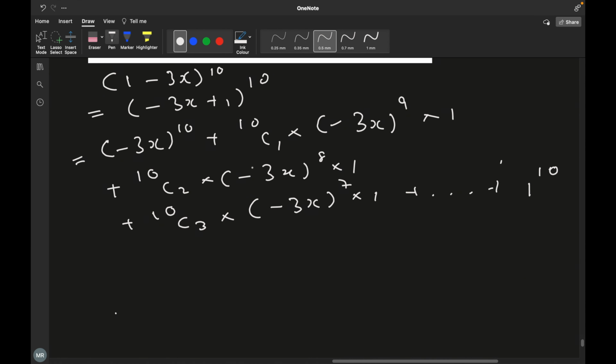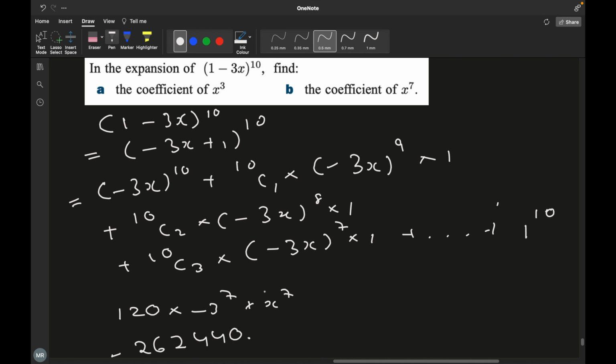I just flip them. 10C3 is 120, times negative 3 to the power of 7, into x to the power of 7. The coefficient is negative 262,440. It's a lot. So we got the answers.